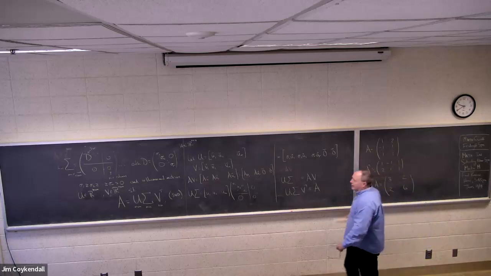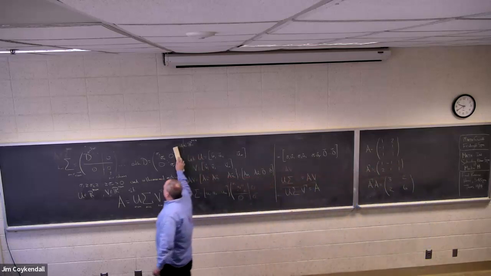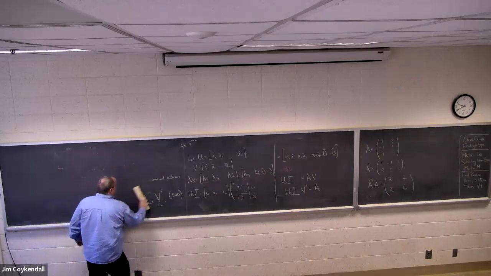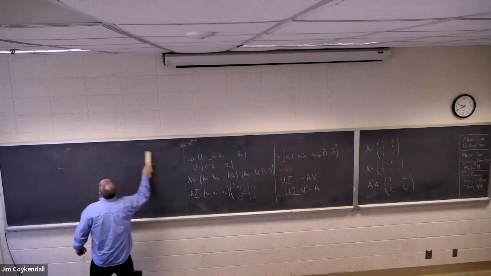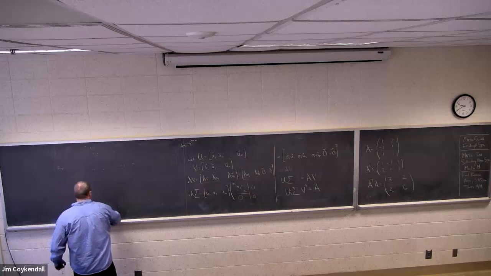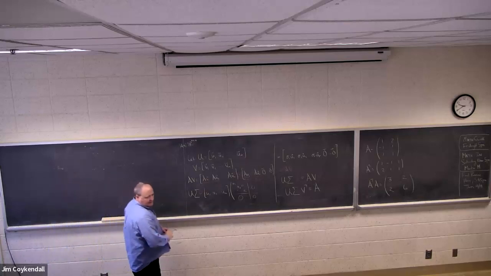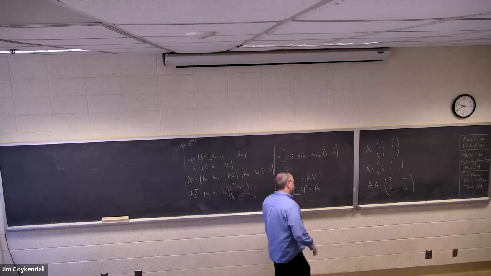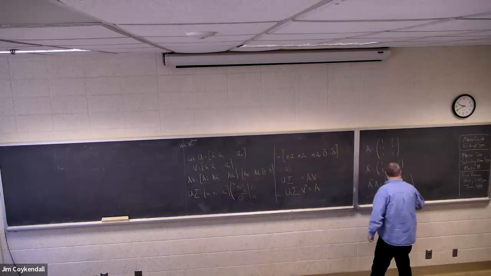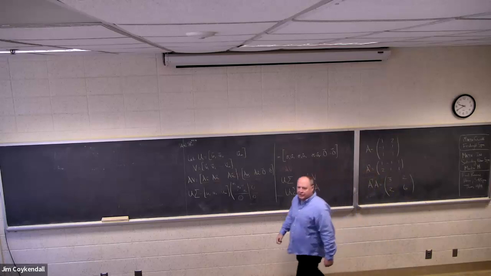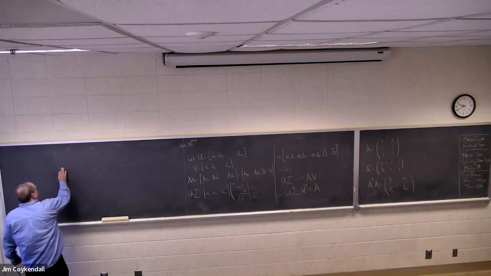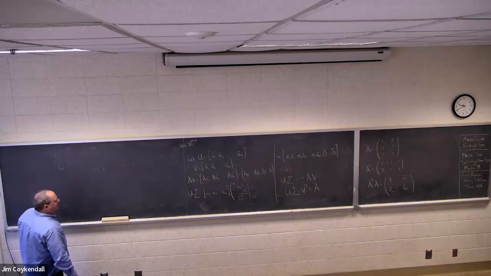So what do we need to do first? Well, we need an orthogonal basis of eigenvectors of this matrix. Now, what I need to do actually is to try to diagonalize this really.